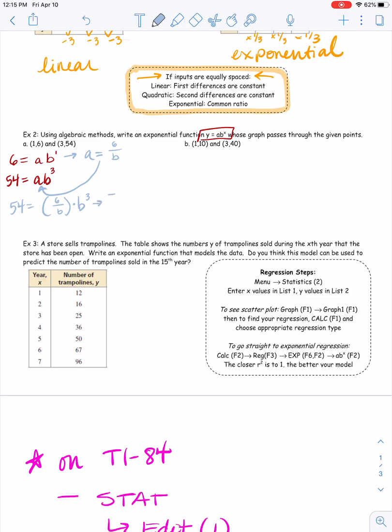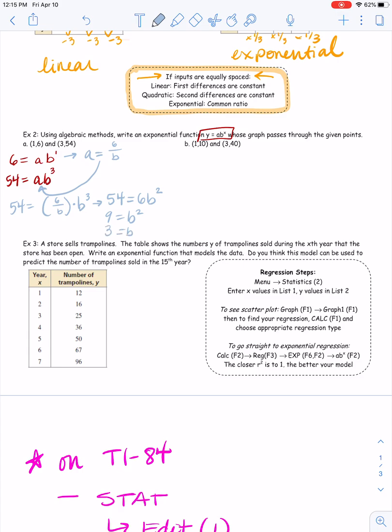So this turns into 54 equals 6b squared. And now I'm just following order of operations to solve for b. Because I'm not simplifying, I'm solving for a variable, I want to work backwards in that PEMDAS. So I want to divide by the 6 first and then take the square root. Dividing by 6 first will give me 9 equaling b squared. Taking the square root will give me just 3.